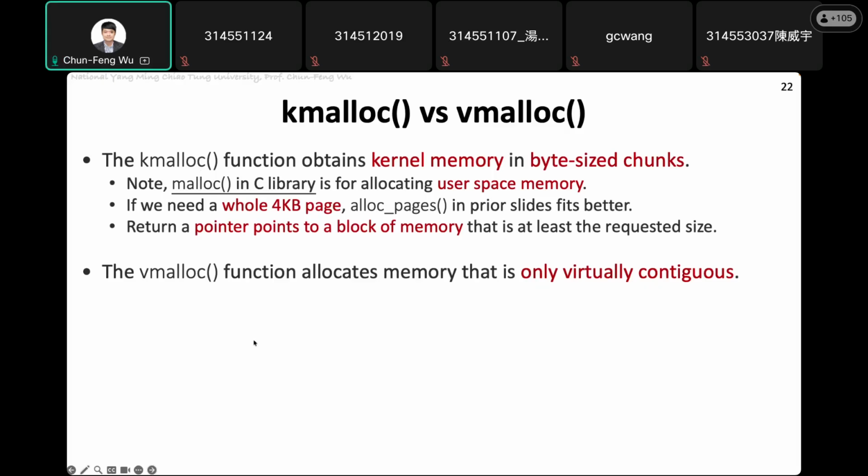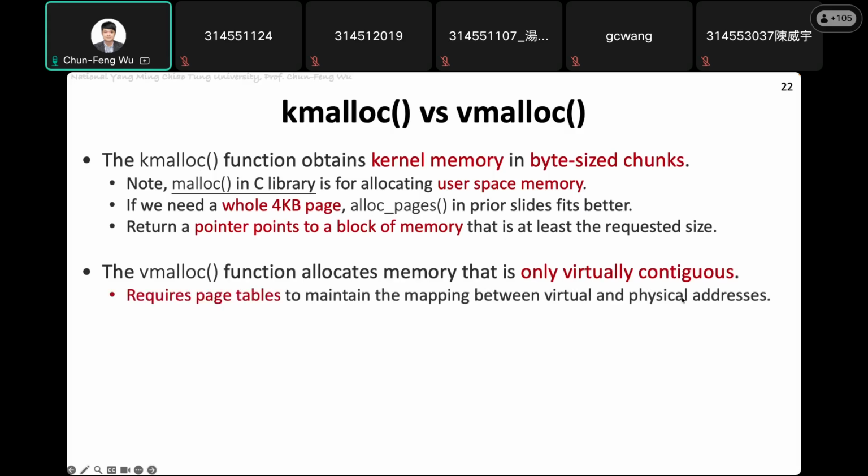So when you are using virtual memory allocation, you cannot always be sure to get contiguous memory. You can only get virtually contiguous memory. That means your physical page frames usually are not contiguous. The only contiguous part is the virtual part. So it requires a page table to maintain the mapping between the virtual and physical addresses. So for this part, even for the kernel, you still need a page table to do the mapping.